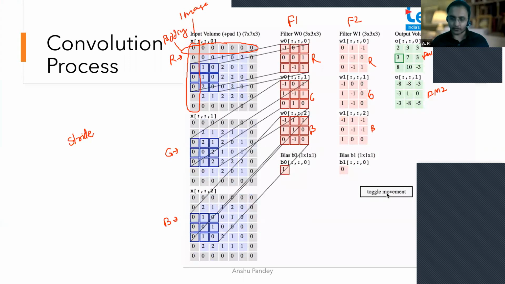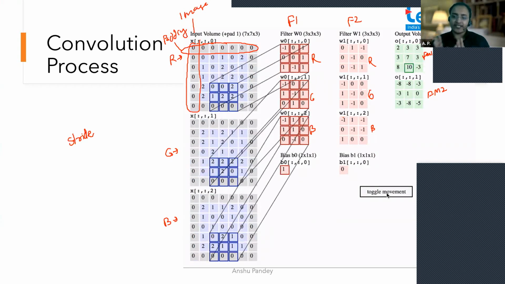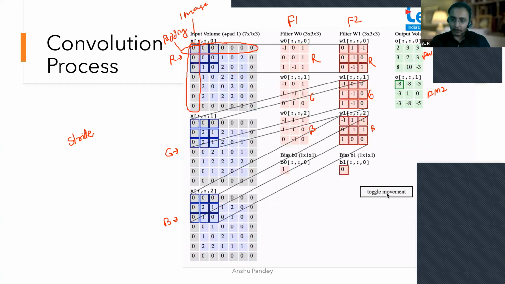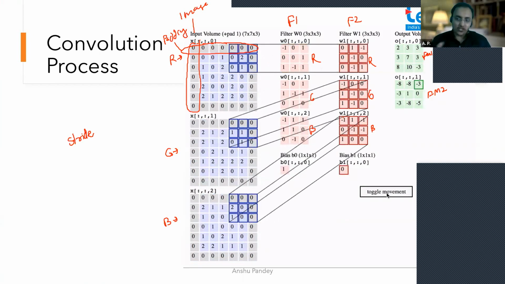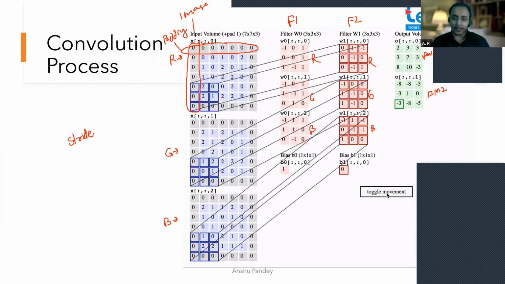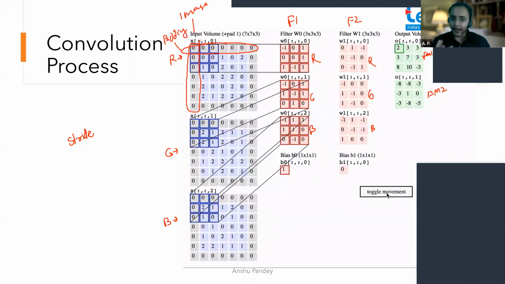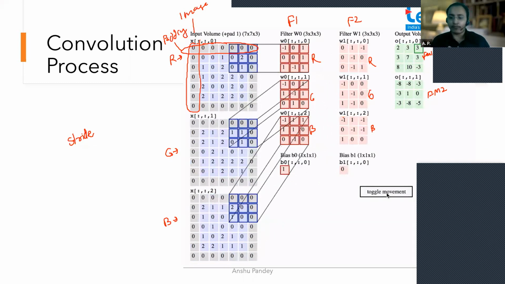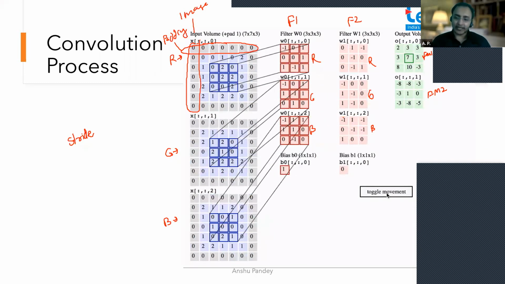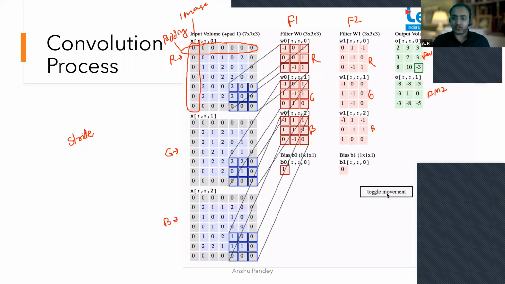Right? Filter values fixed? No, filter values will keep changing. Filters are nothing but weights of the neural network, Balakrishna. So when you train the neural network with gradient descent, the errors try to reduce and the filter values keep updating. Initially the values of filters will be random. In every iteration of the training process, the values keep updating, and at the end of the day you will have filters with the best values.